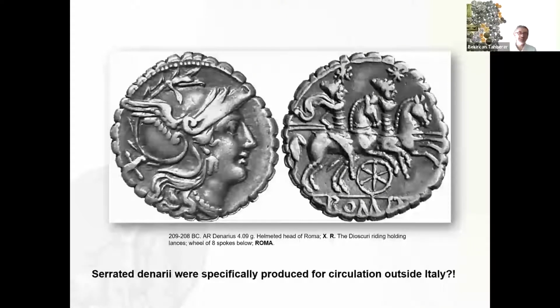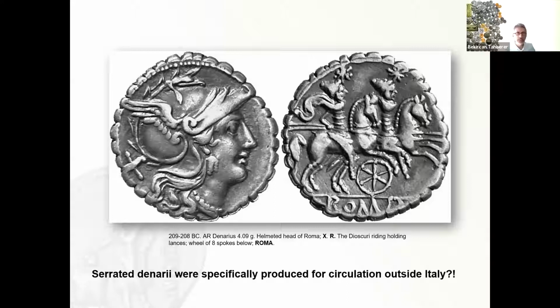And at the same time, they created the serrated denarii, and it is believed that they were specifically produced for circulation outside Italy. So there are many speculations as to how these serrated edges were created, and some would like to believe that they were handmade before striking the coins.